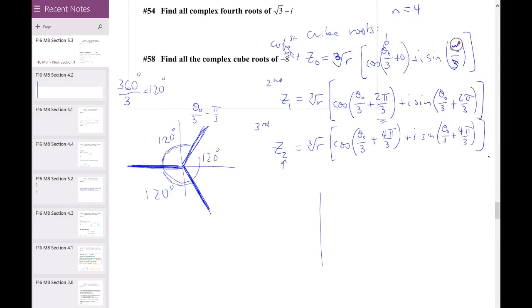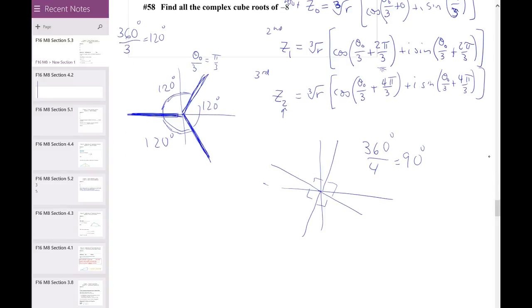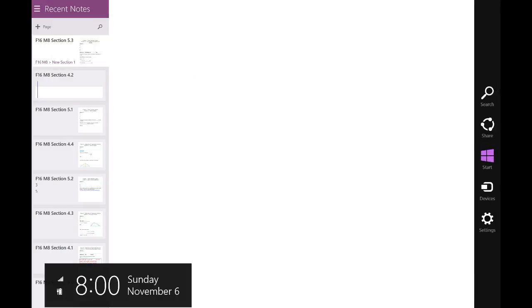And if you have fourth roots, the picture will always look like this, where your fourth roots will each be 90 degrees away from each other because 360 degrees divided by 4 is 90 degrees. If you have fifth roots, how far apart from each other are they going to be? 72 degrees. So they'll be evenly spread out, 72 degrees apart. Okay, so we'll do lots of practice with that until you become proficient.